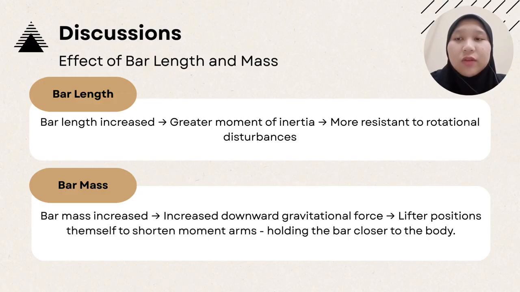Increasing the mass of the bar increases the downward gravitational force acting on the system. To maintain equilibrium under heavier loads, lifters naturally adjust their posture by keeping the bar closer to the body. This shortens the moment arms about key joints and helps minimize the torque that must be countered by muscles.